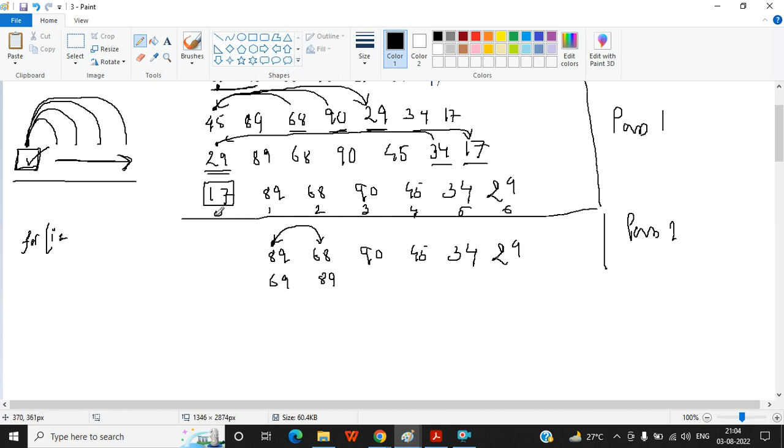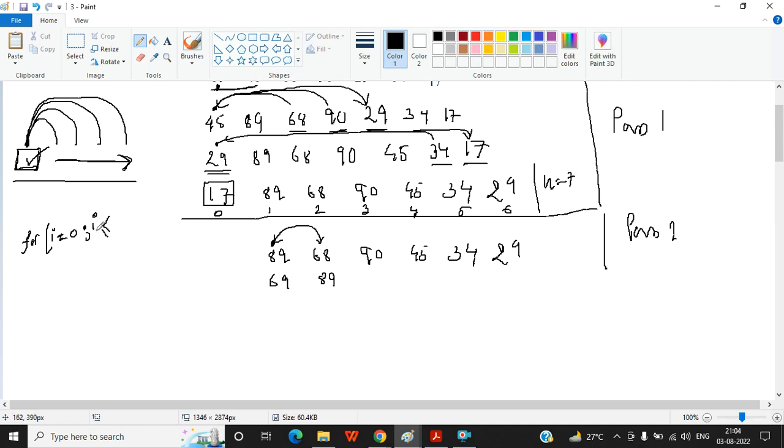It means we are considering the lower bound as 0, C style. Then your i will start from 0 and go less than n. If this is your n, what will be n? n will be 7 because you have 7 elements.